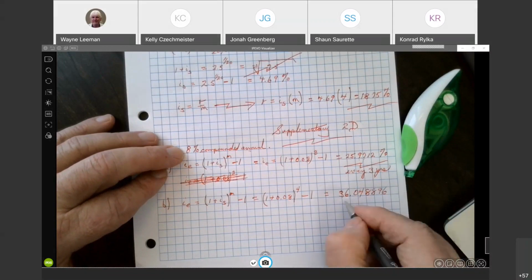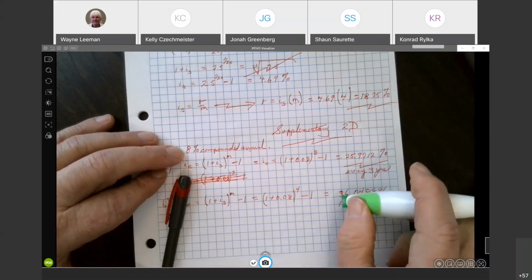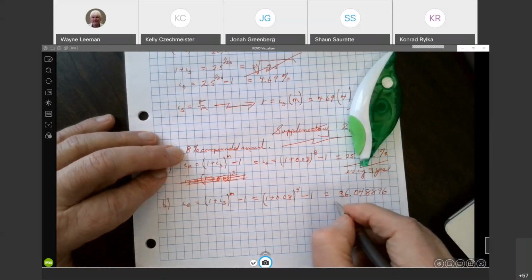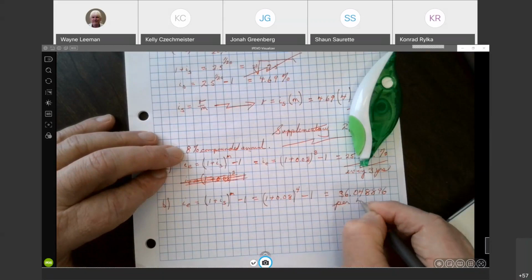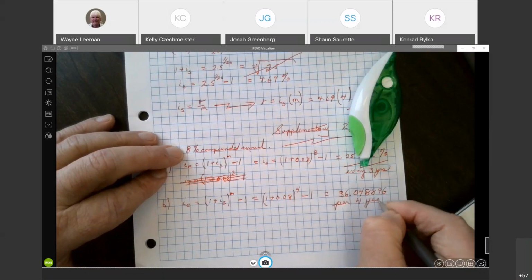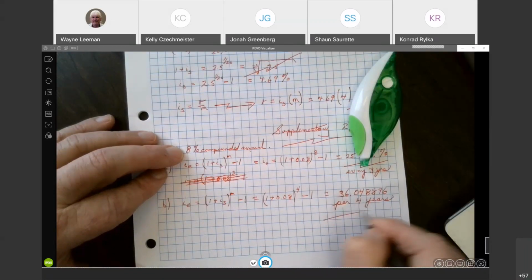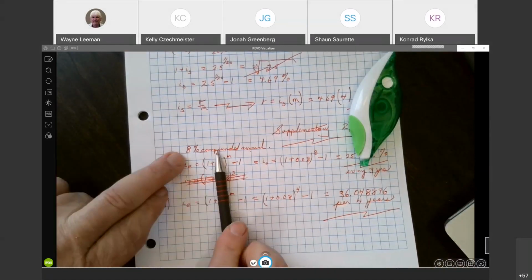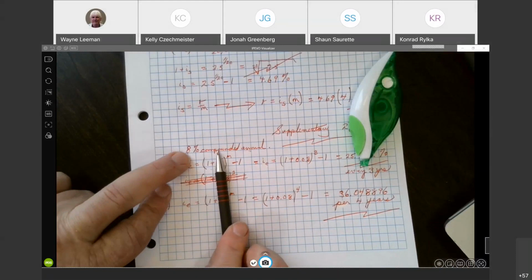How could I word that? Every maybe. Per 4 years. So again, if it's 8% back here, and we're looking at 4 years, we just can't multiply that by 4 to get it for 4 years.